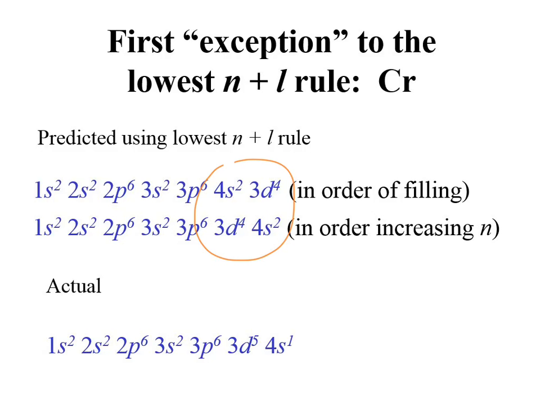Instead of 2 electrons going in the 4s, one of those electrons jumps ship and goes to a higher energy. You're like, why would it do that? The answer lies on the next slide.